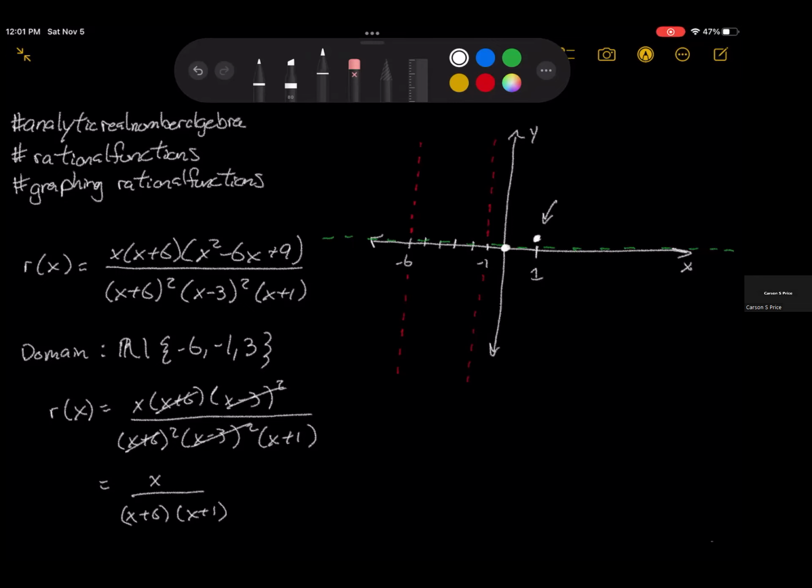As I move towards the right, I know that I need to approach my horizontal asymptote because that's my end behavior. I also know that I don't ever cross this horizontal asymptote. I only cross right there when y is equal to 0, or rather when x is equal to 0.